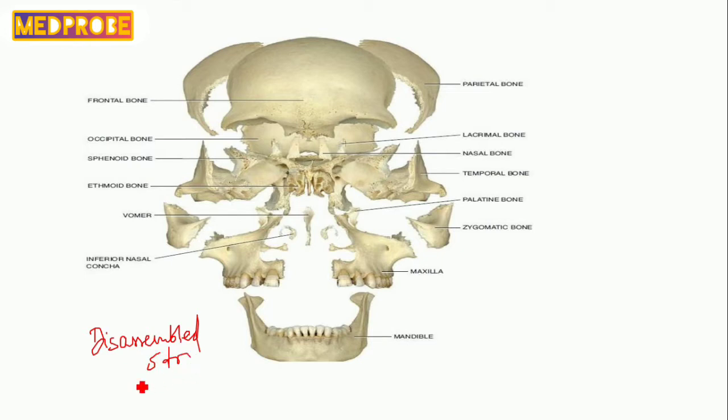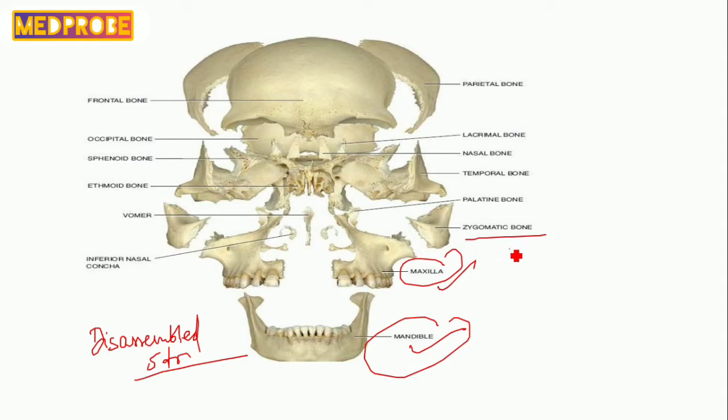In this you can clearly see the different bones individually, specifically the mandible bone. This is the maxilla, which forms the upper jaw. This is the zygomatic bone, or cheekbone, or malar bone. These are the palatine bones, forming the hard palate.